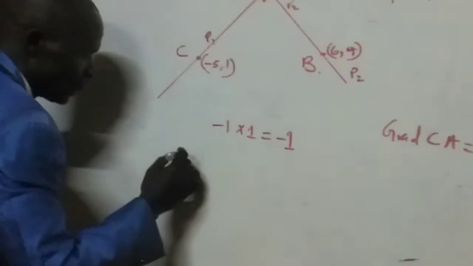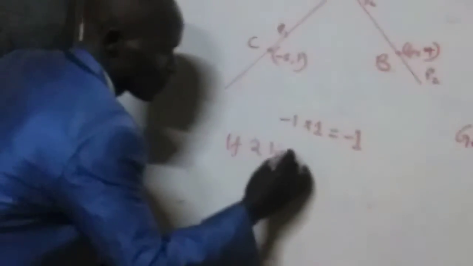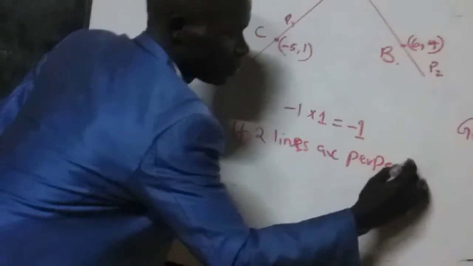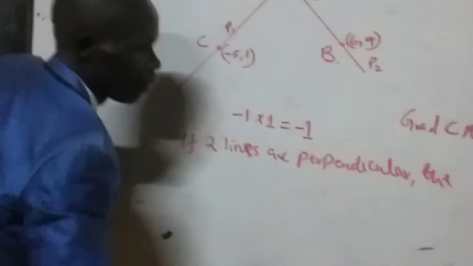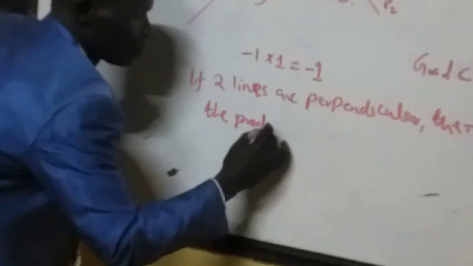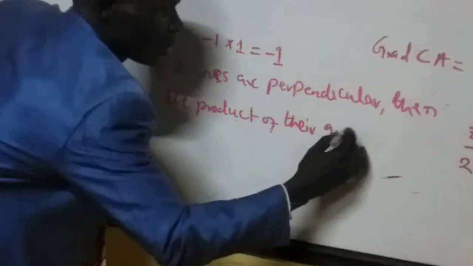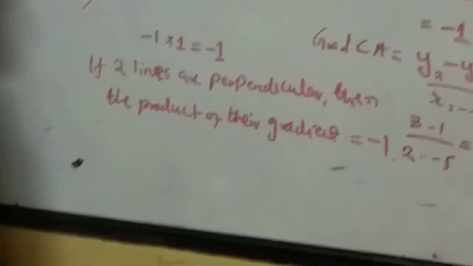Therefore, we can make a conclusion that if two lines are perpendicular, then the product of their gradients is equal to negative 1.